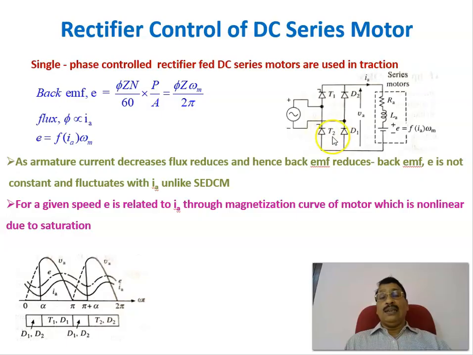Then D2 and T2 are conducting, and the output voltage is the minus of the input voltage. This is the voltage that is coming across the motor. Therefore, the devices conducting are T1 and D1, then D1 and D2, then T2 and D2, and so on, for different durations.